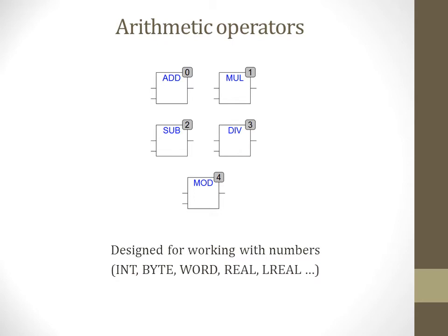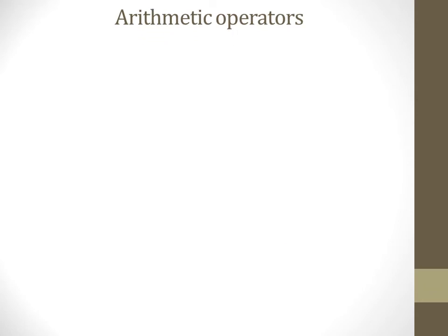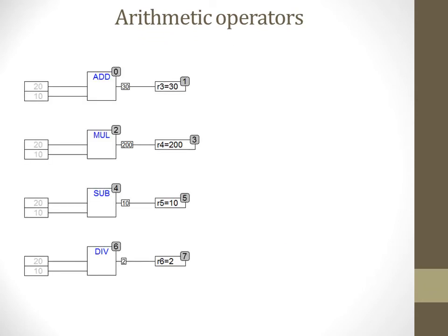So the types of inputs and outputs for these operators can be int, byte, word, real, lreal, etc. The implementation of the basic operators we can see from the picture on this slide. So using these operators is very simple.